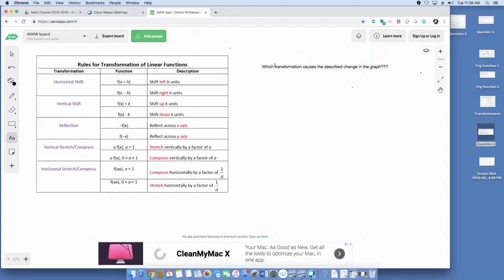I know that was a problem last time. Okay, and then you might have a couple options like this. So we might have cosine of 2x, negative 2 cosine x, cosine x over 2, stuff like that.